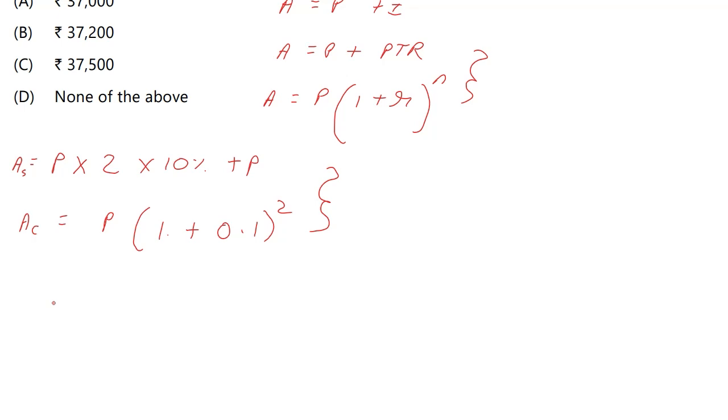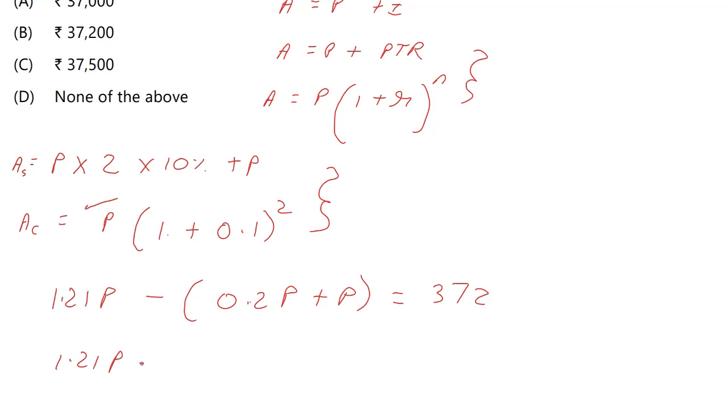So I know that 1.21p, the right-hand side of this equation, minus open bracket, and this 10% is 0.1, so 0.1 into 2 will give me 0.2, 0.2p plus p, will give me 372. Now, 0.2p plus p is 1.2p.